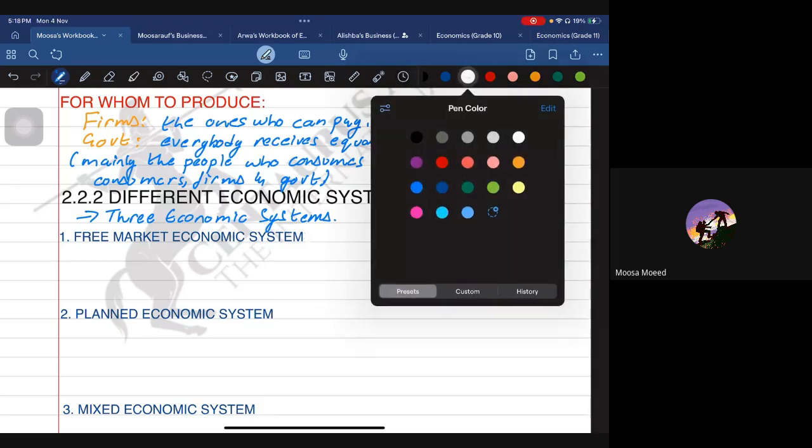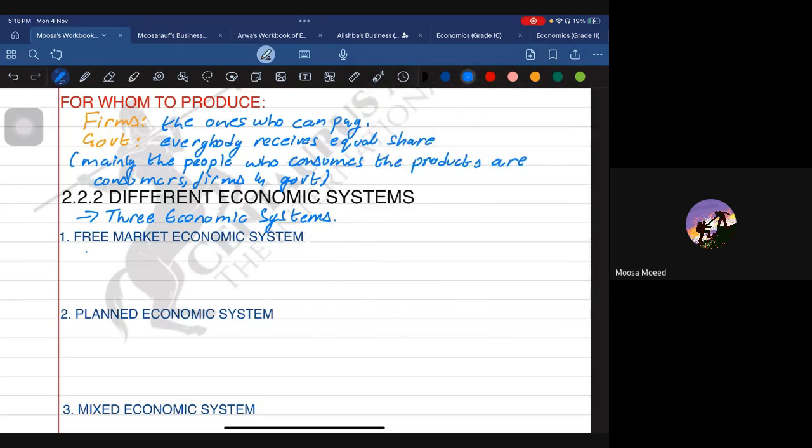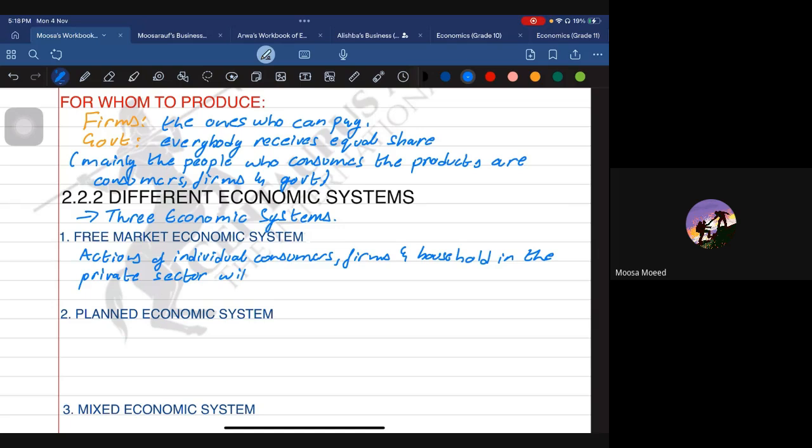Okay. So this is a system where actions of individual consumers, firms, and households in the private sector will determine the allocation of resources.